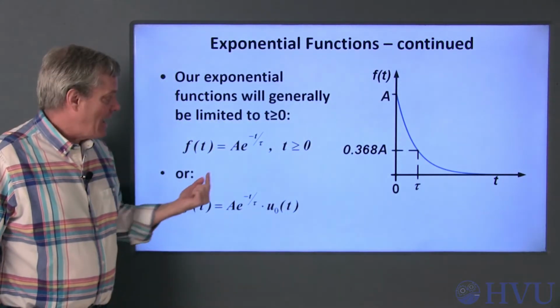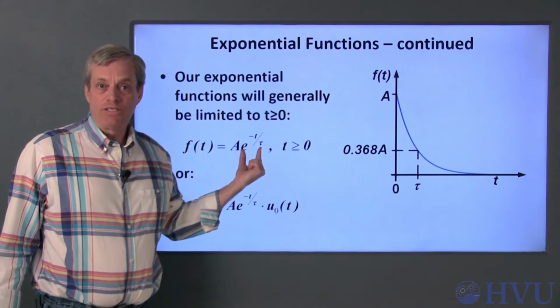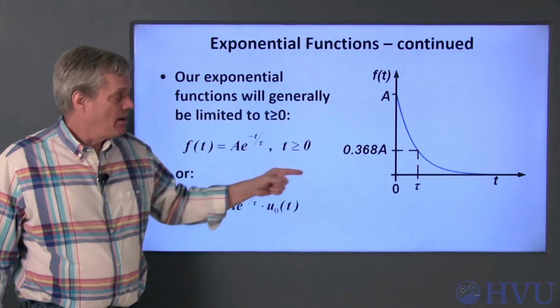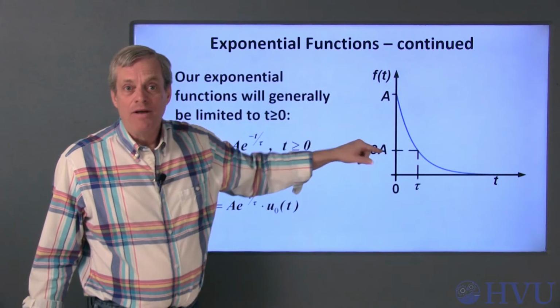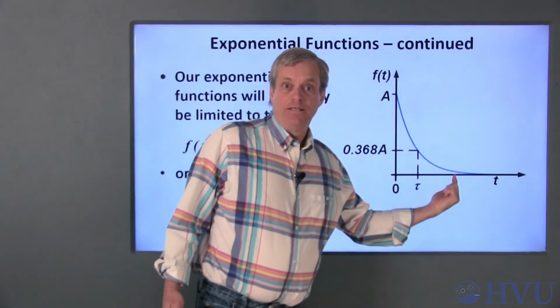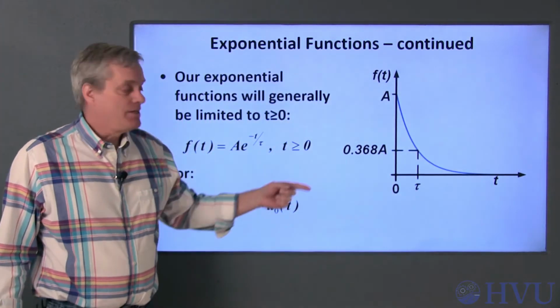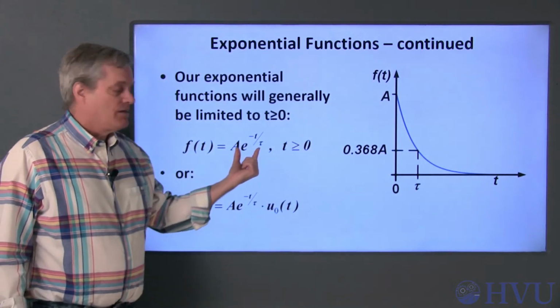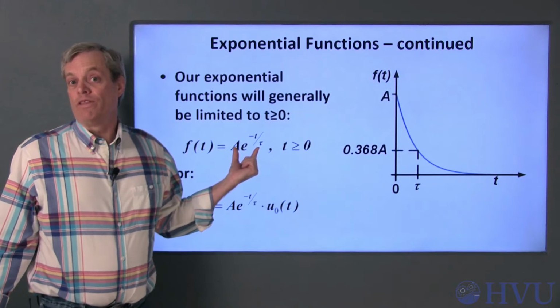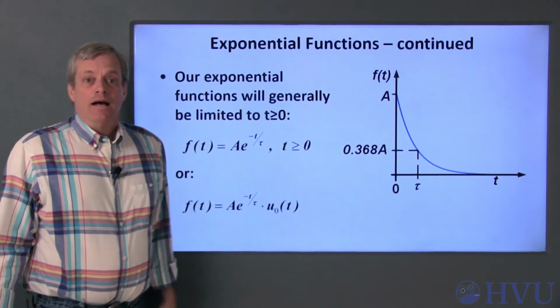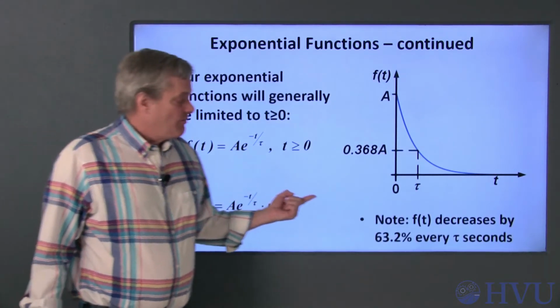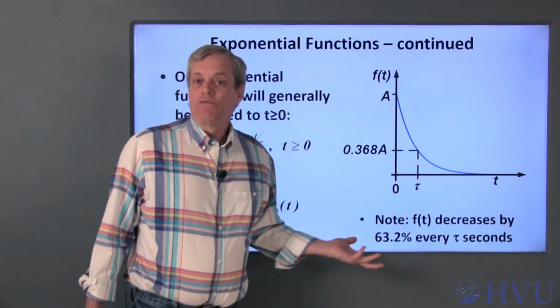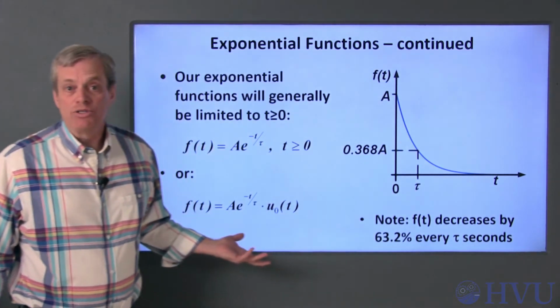When t is equal to tau, e to the minus t over tau equals e to the negative 1, which is 0.368. After another time constant, the function will be 0.368 squared times its original value, since this term becomes e to the minus 2, or 0.368 squared. Another way to state this is that the value of the function decreases by 63.2% every tau seconds.